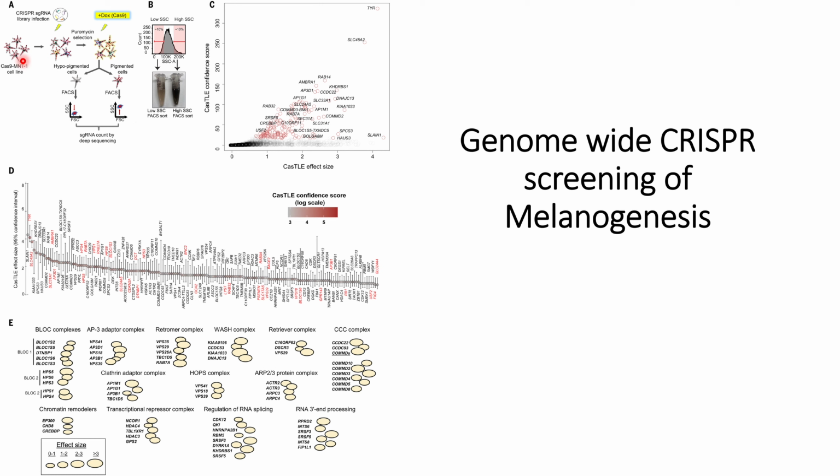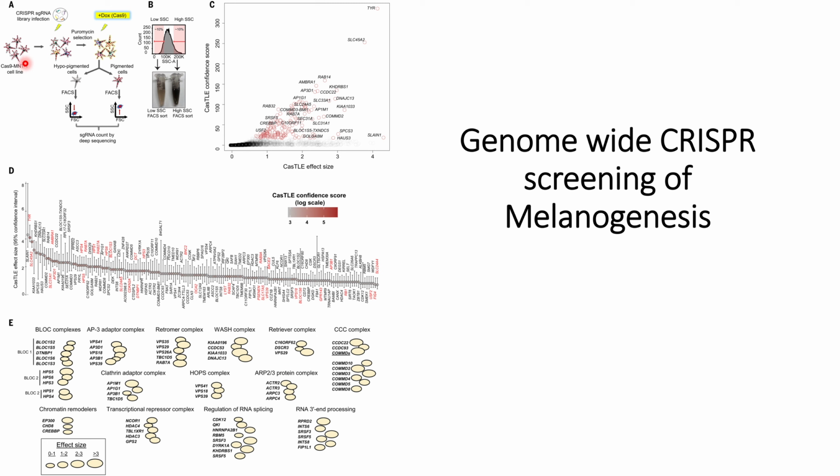They took the Cas9 MNT1 cell lines, and in these cell lines, Cas9 is induced when they treat them with doxycycline. Right now they have not treated these cells with doxycycline.